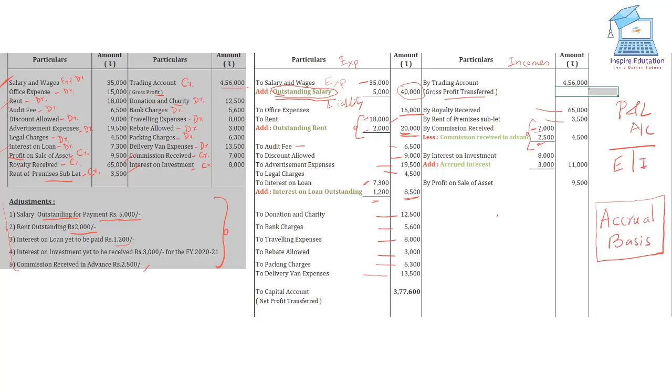Actually 7,000 is received, but our income for this accounting year is 4,500. This amount we have received in advance, so it is our liability. We will show it on the liability side.